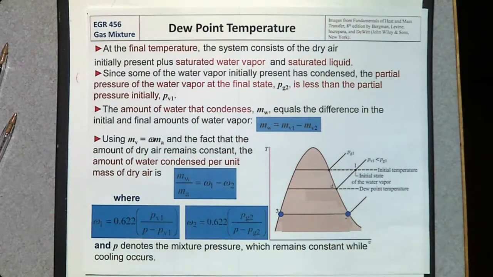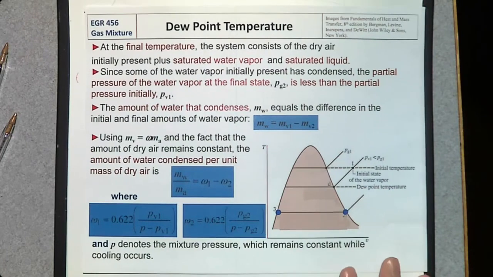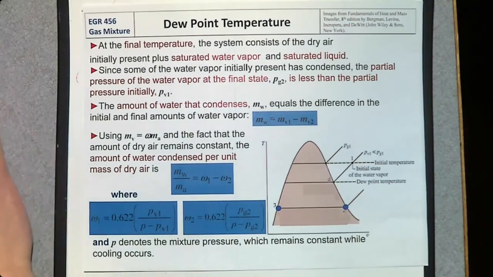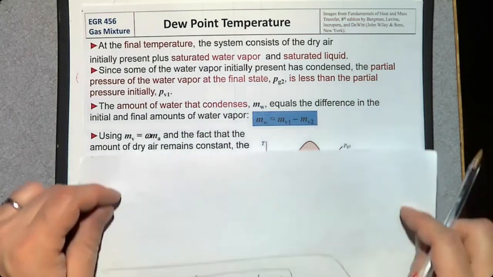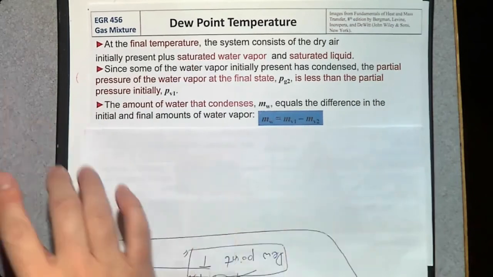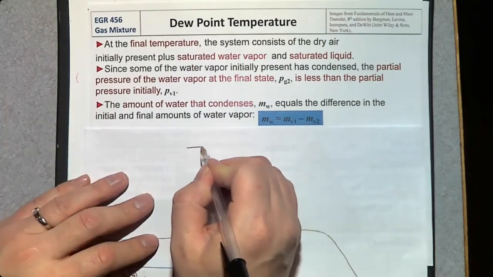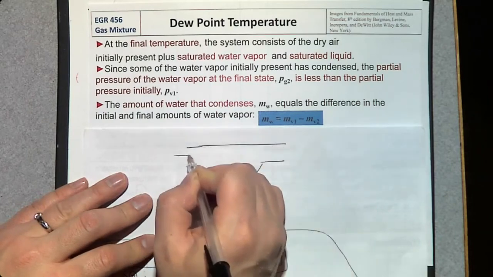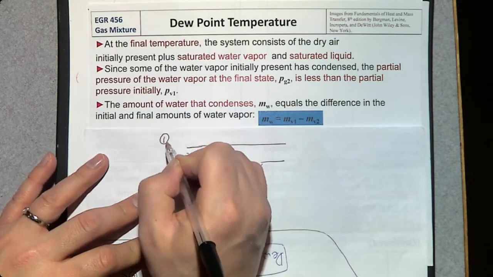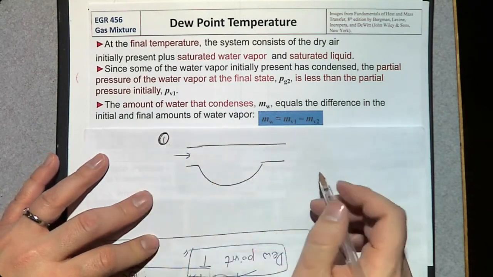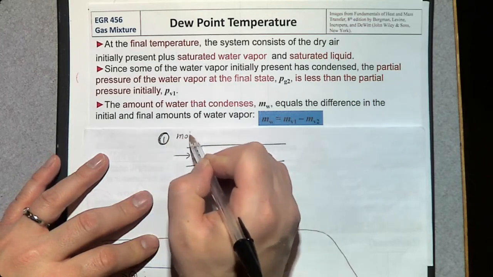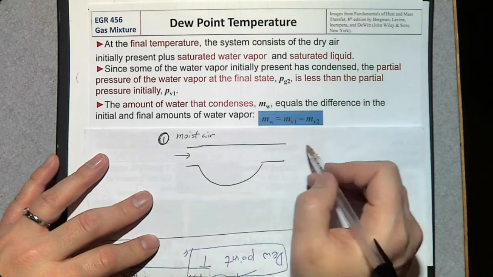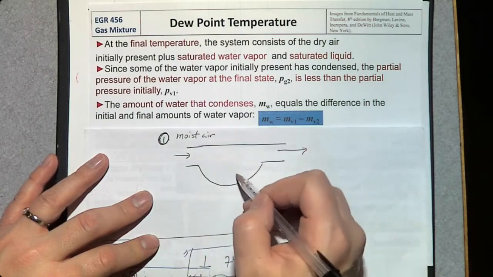So how can we use this dew point temperature? Below the dew point temperature, we know there is condensation. That means that liquid water is going to form from water vapor. So if we say this is the inlet where the water and air mixture, which is moist air, enters at number 1, let's assume that condensation occurs.